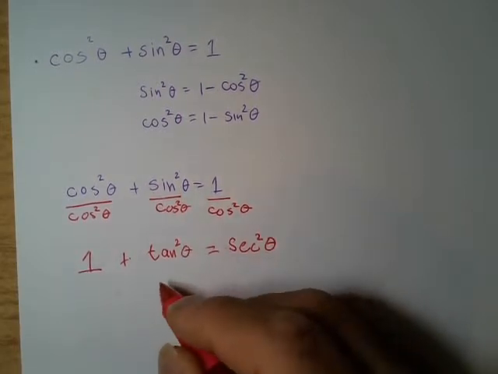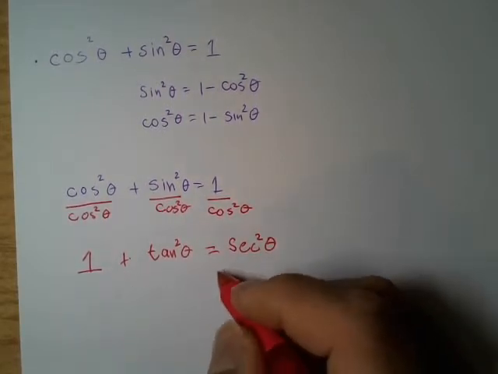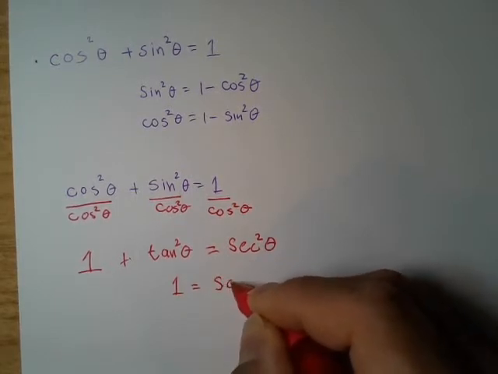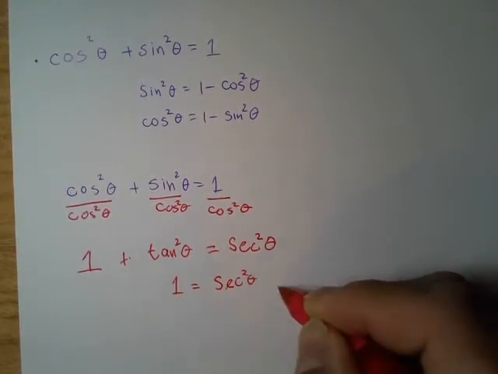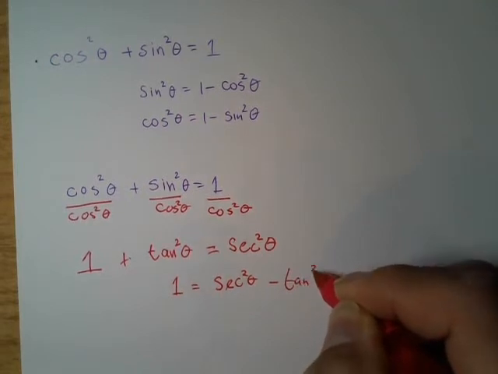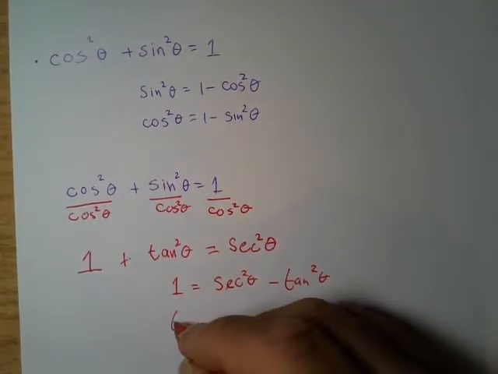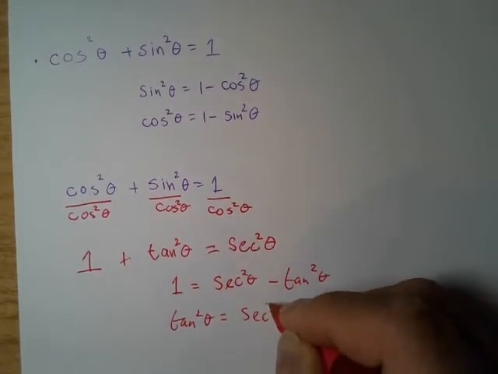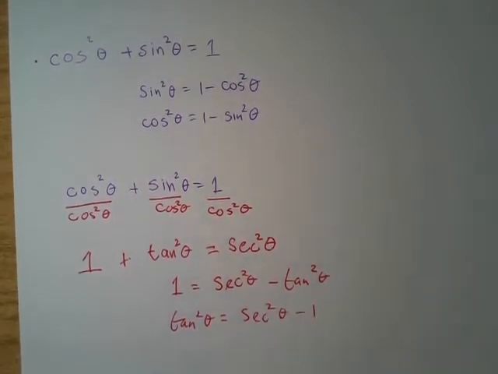We could say 1 is equal to secant squared theta minus tangent squared theta. Or we could say tangent squared theta is equal to secant squared theta minus 1.